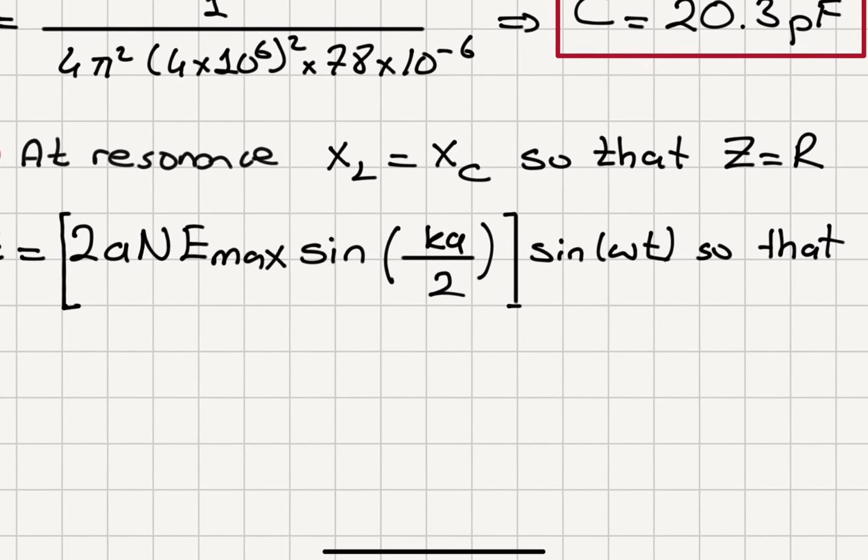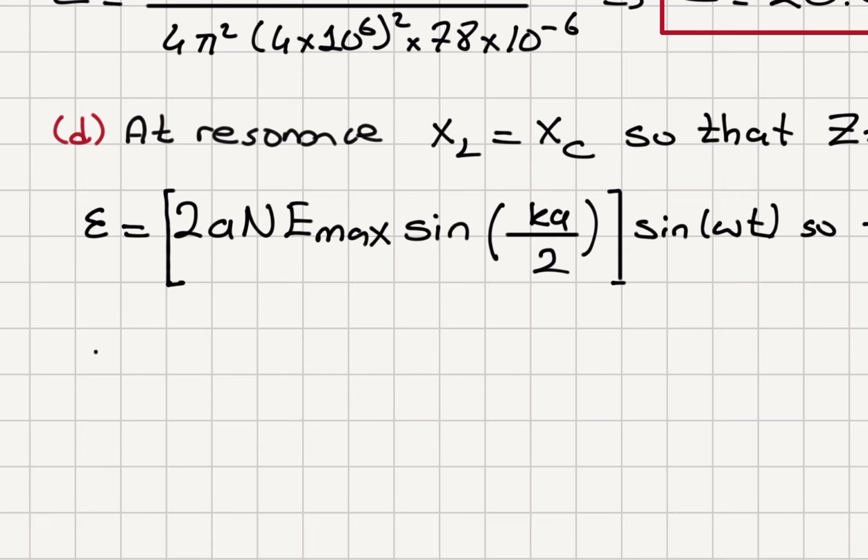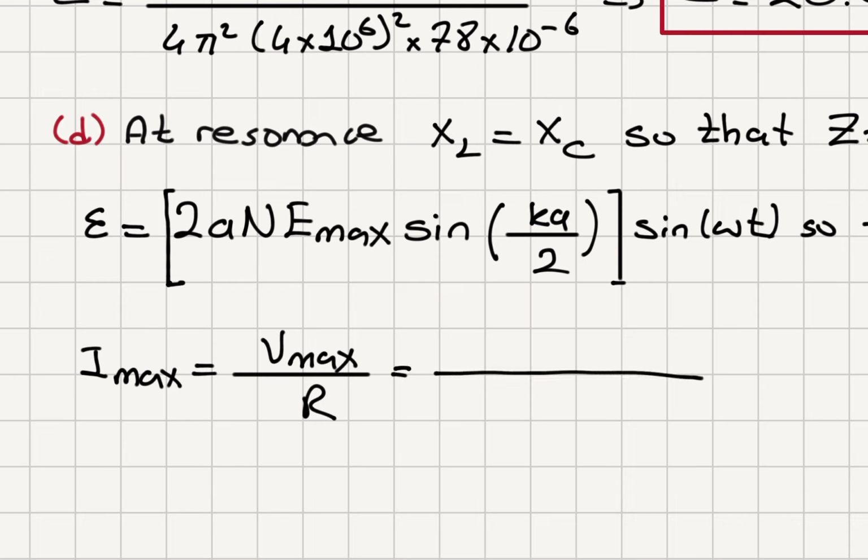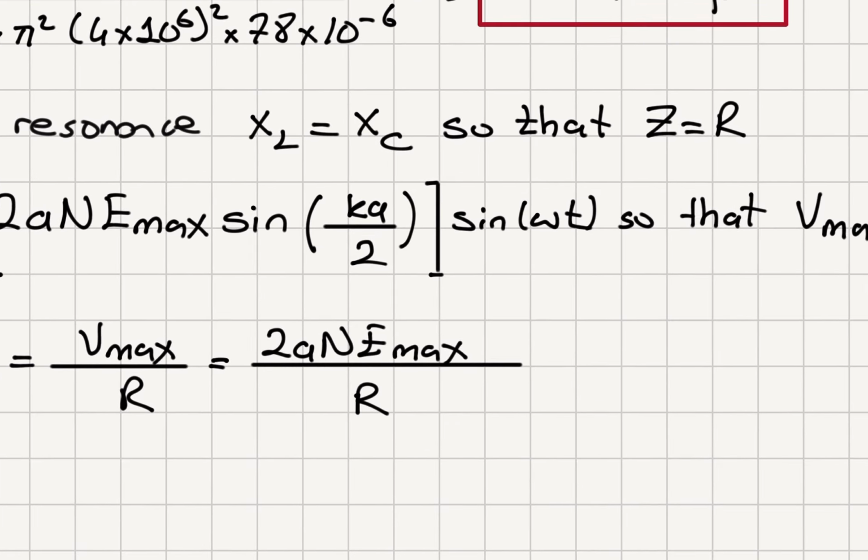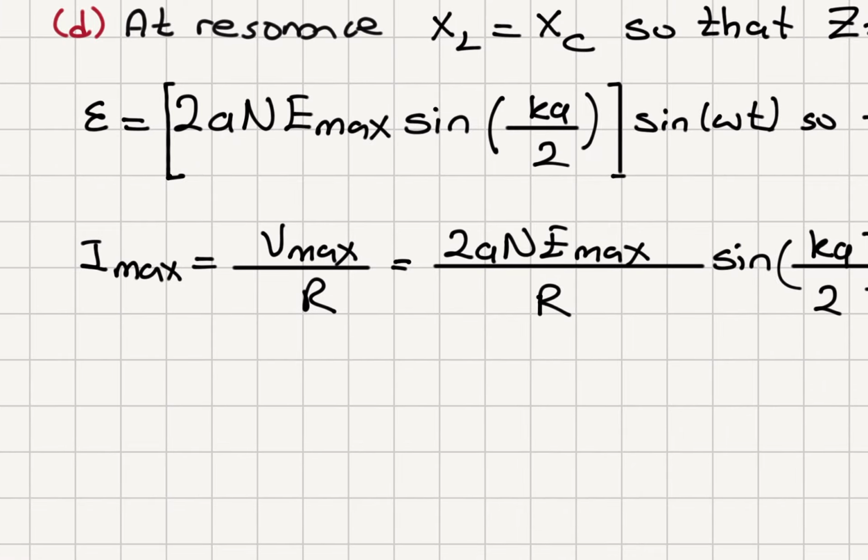All right. So this implies that the maximum current we have in the circuit is V max over the impedance, which is simply the resistance at resonance, R. So this will be equal to 2AN E max sine Ka over 2 divided by R. Now we need to calculate E max, and we can calculate the RMS current as I max divided by square root 2.